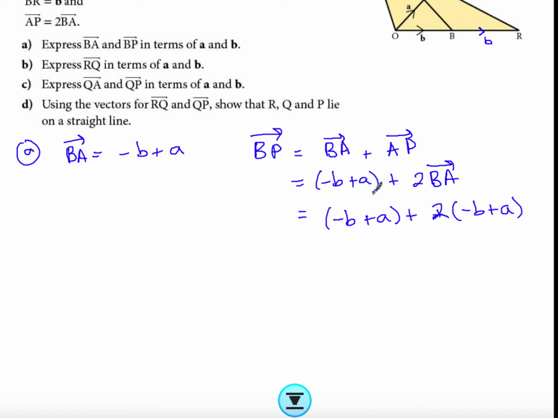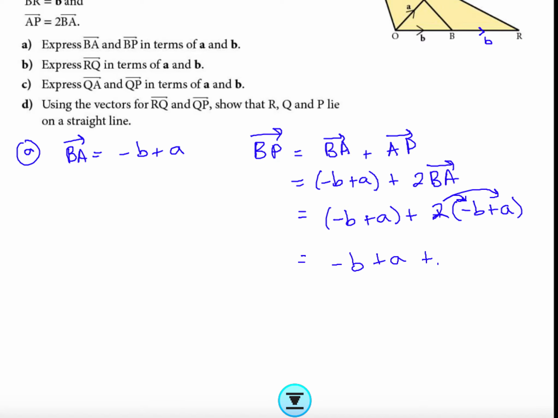I just want to show you how it looks. So B to A and then A to P, and then you can just solve it like you would with any algebraic problem. So I have negative B plus A, and then you expand out the bracket. So all the algebraic rules apply, because this is like scalar multiplication on these vectors.